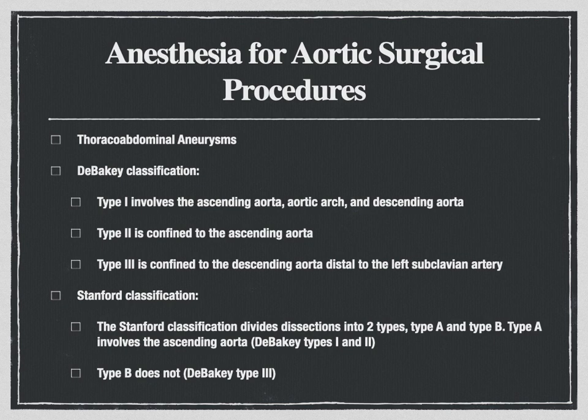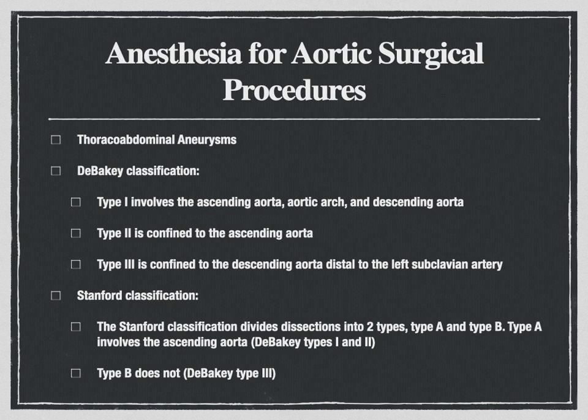Another classification is the DeBakey. That one, Type 1 involves the ascending aorta, the arch, and the descending aorta. Type 2 is confined to the ascending aorta. And type 3 is confined to the descending aorta distal to the left subclavian artery. And then the Stanford classification, that one divides dissections into two types, type A and type B. Type A involves the ascending aorta, and type B does not.